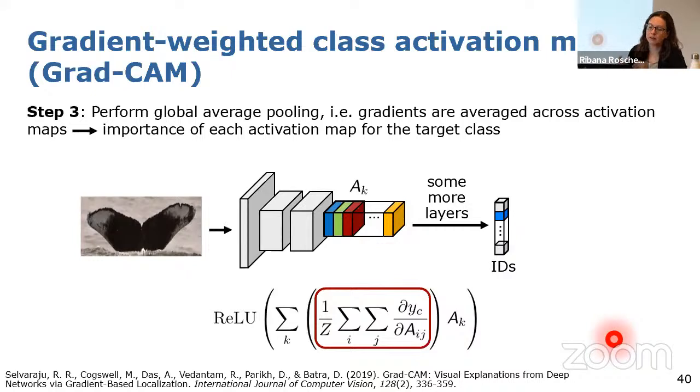That means the gradients are averaged across the activation maps. A, I, and J refer to the position in the activation map, so you sum over all of them, and Z is the number of positions.